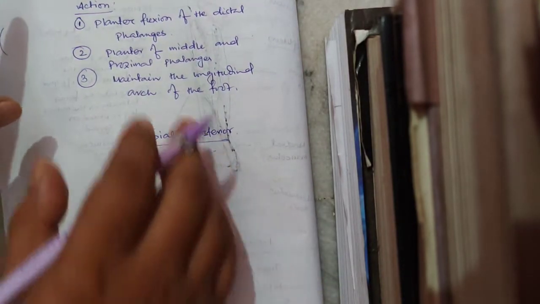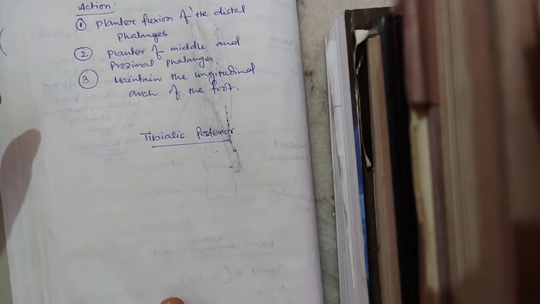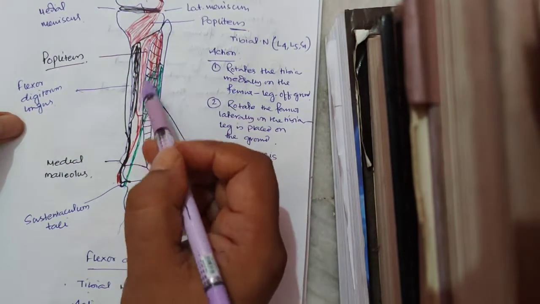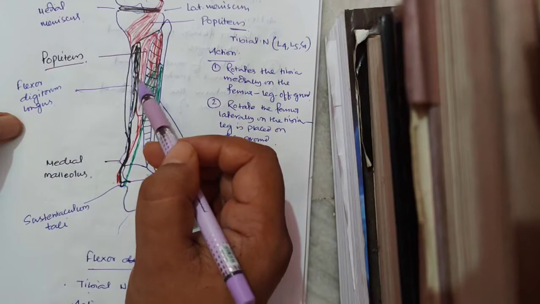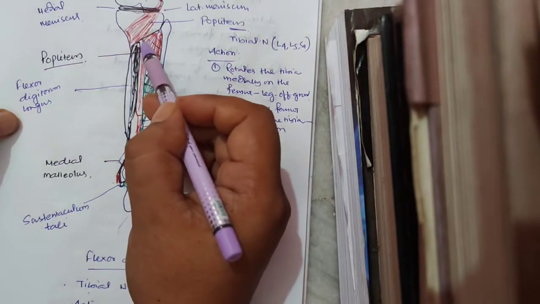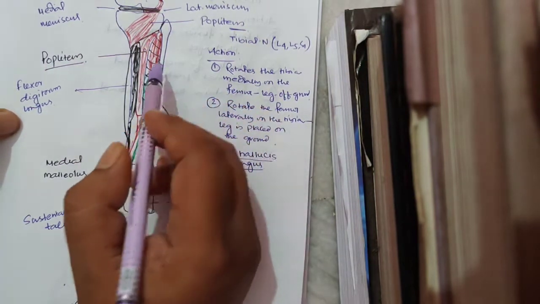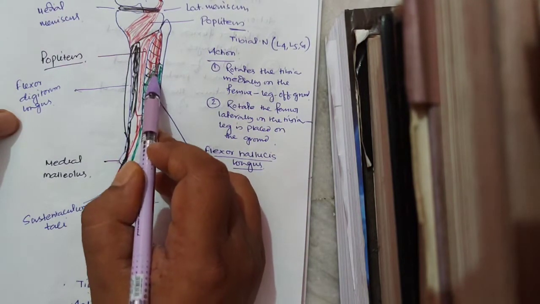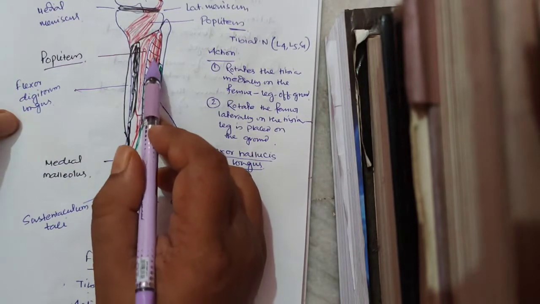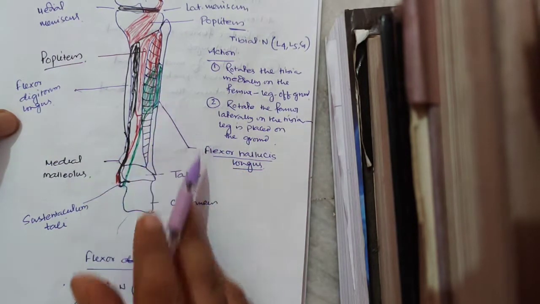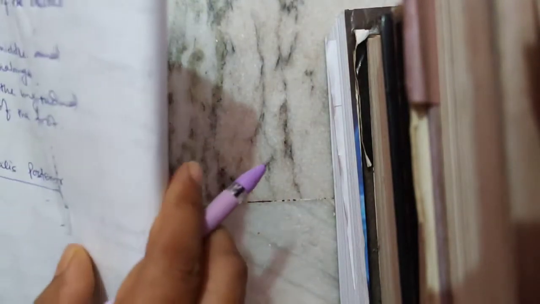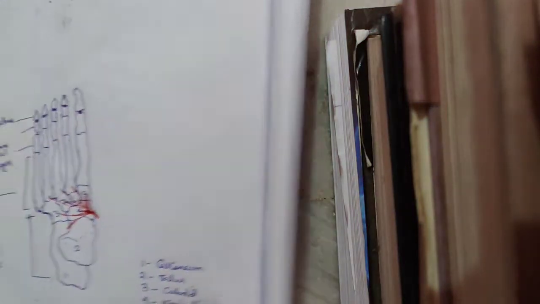First, the upper two-thirds of the lateral part of the posterior surface of the shaft of the tibia below the soleal line, and from the upper two-thirds of the medial part of the posterior surface of the fibula and the interosseous membrane. It is mainly inserted into two parts.